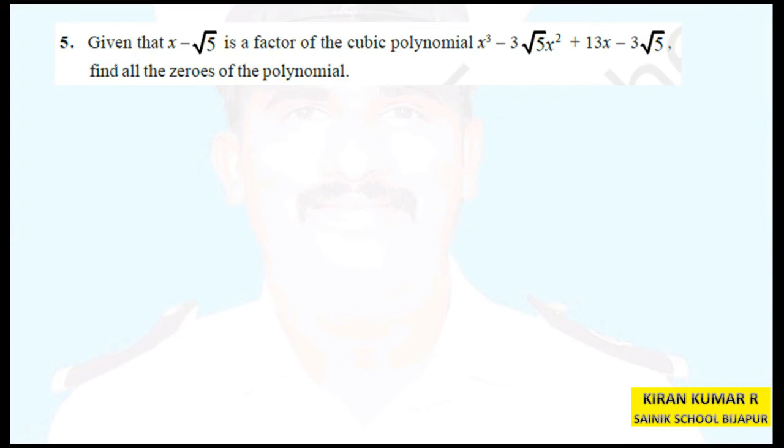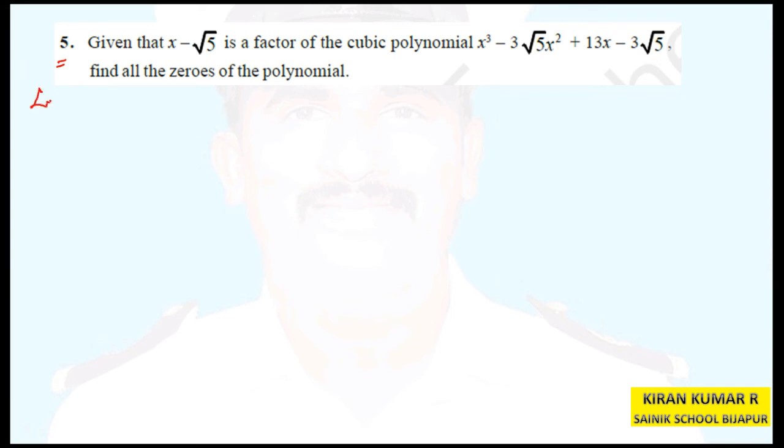One more important question, question 5. Given that x minus root 5 is a factor of cubic polynomial x cube minus 3 root 5 x square plus 13x minus 3 root 5. Find all the zeros of the polynomial.